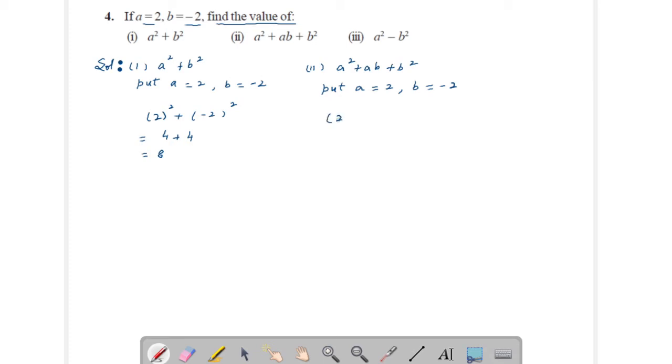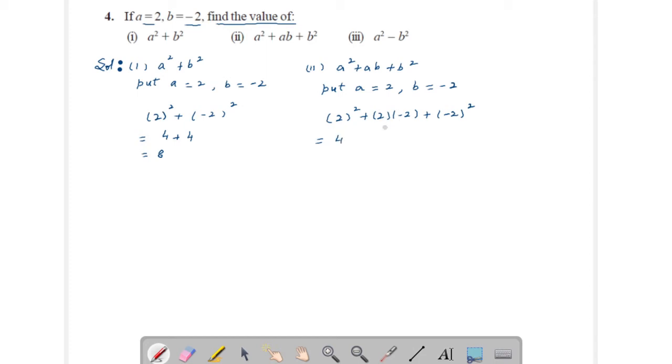You will get 2 square plus a equal to 2, b equal to minus 2, plus minus 2 whole square. Solve this. 2 square means 4.